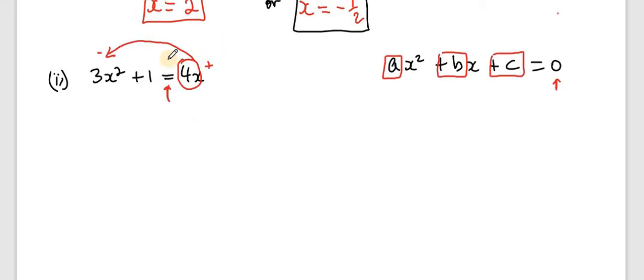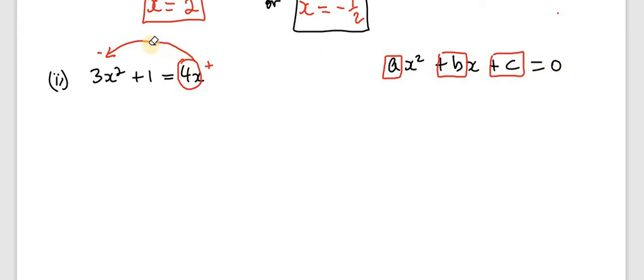Let me repeat it again. We have 3x squared plus 1 equals 4x. We want to have it in the form of ax squared plus bx plus c equals 0. And so what we need to do is transpose this 4x from the right-hand side of the equal sign to the left-hand side, so that over this side we'll have 0, just as in this format.